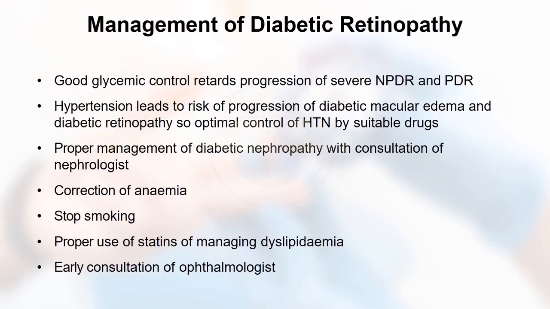Correction of anemia is essential for reduction of diabetic retinopathy. Smoking plays a great role in augmenting diabetic retinopathy, so smoking should be stopped to prevent and retard it. Proper use of statins for managing dyslipidemia is an essential point in management of diabetic retinopathy.